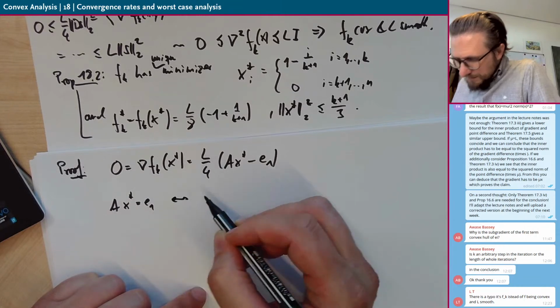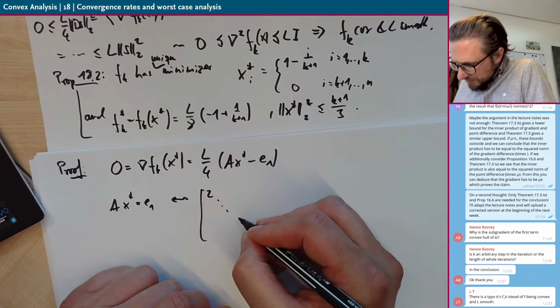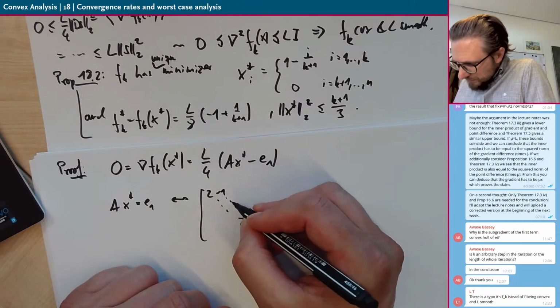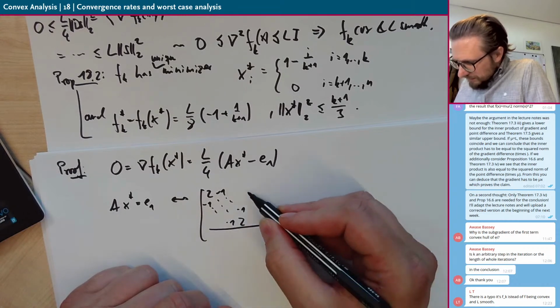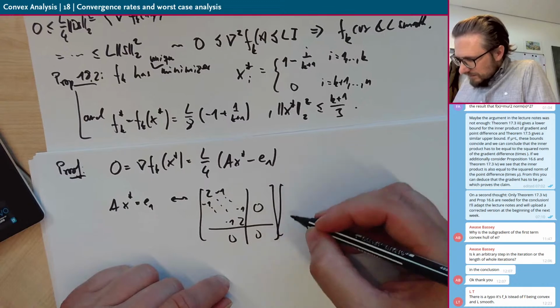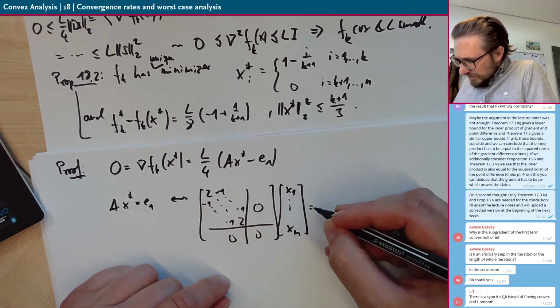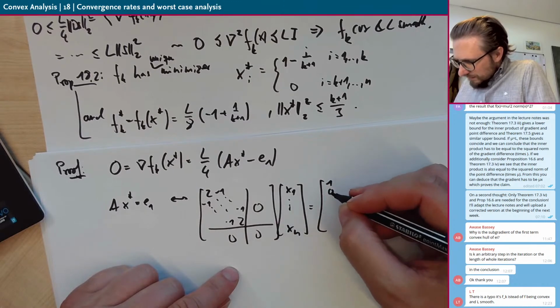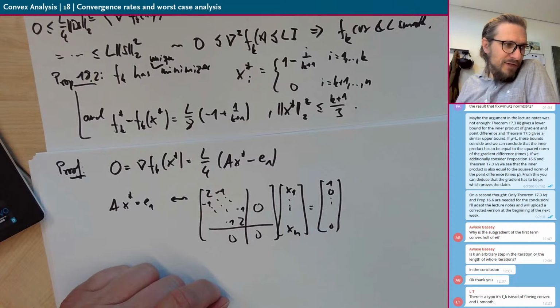Let's write this down. A is 2 on the diagonal, minus 1's on the off-diagonals, and then zeros, times x1 up to xn shall give 1, and then zeros. That's the system of equations we need to solve.